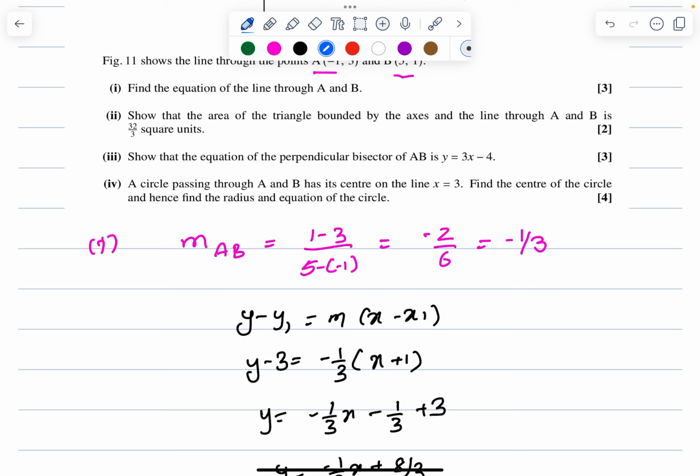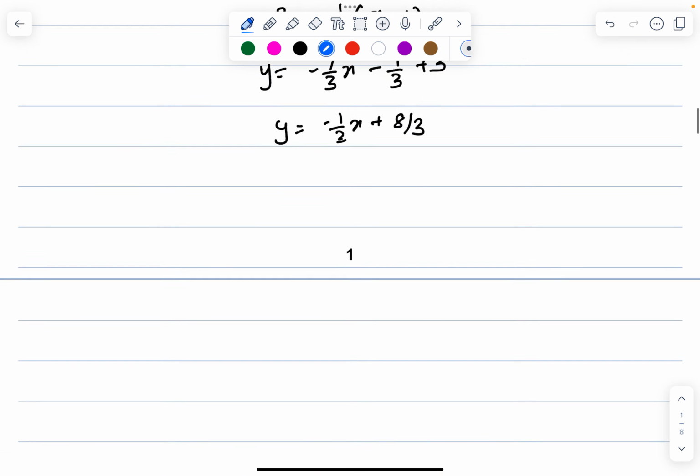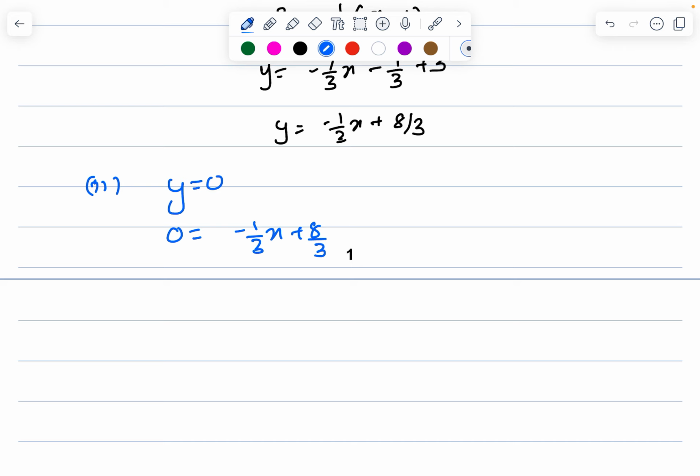Then show that the area of the triangle bounded by the axes and AB is 32 upon 3. For part 2, when y equals 0, I should be getting the value of x. So 0 equals minus 1 upon 3 x plus 8 upon 3.